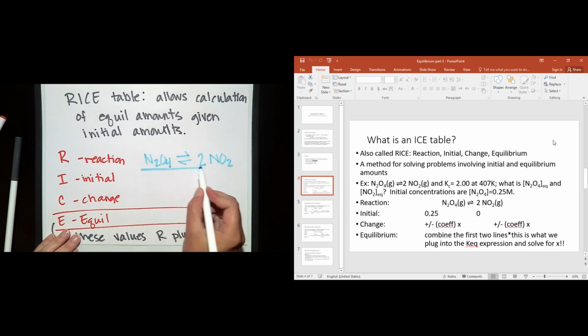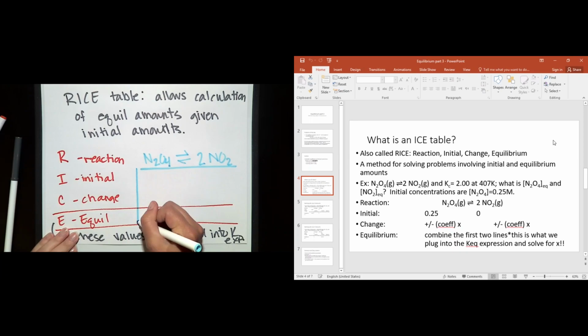So the reaction is just my balanced reaction, and then under that, my initial line is any initial or starting amount. I'm looking for those words initial or starting, or concentrations are placed, or this amount of moles are placed in a container. That's something that indicates the beginning.